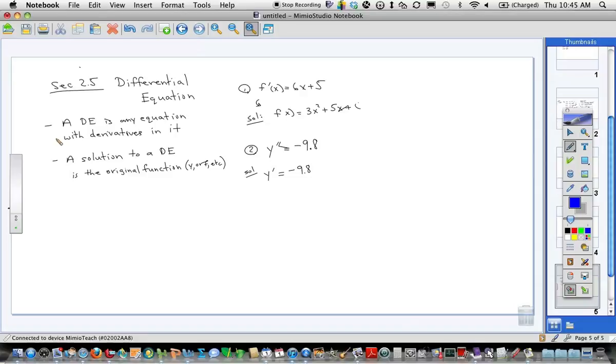And that is because, did anything come to mind when we saw negative 9.8? Gravity, acceleration, gravity. And remember, we did position, velocity, acceleration. Acceleration is the second derivative. So really this equation is giving me the acceleration equation for gravity, but I put it in terms of position, right? Because y prime would be velocity, y double prime would be acceleration.